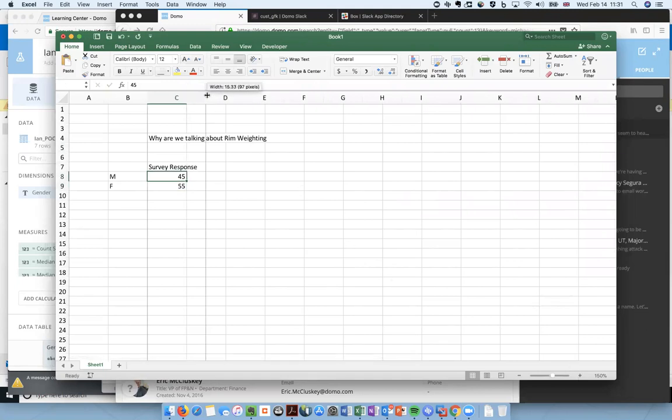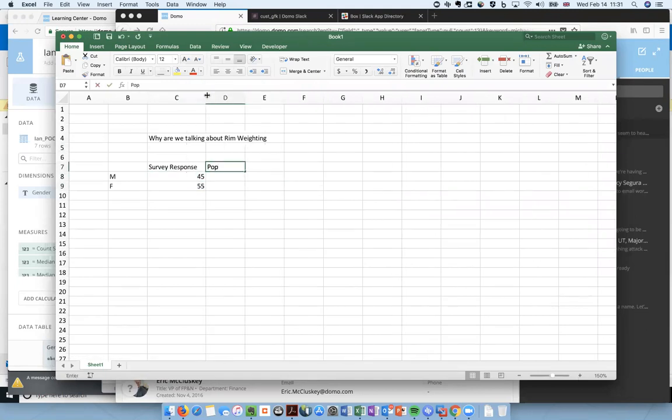And let's say you know that the population ratios are 48 and 52 percent. So the question is, how much do I down weight this survey response so that it matches 52%? And how much do I up weight this survey response so that it matches a population average of 48%? And that's the whole idea behind this rim weight situation.